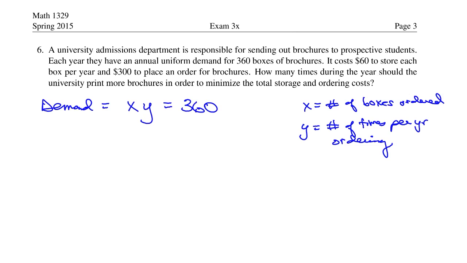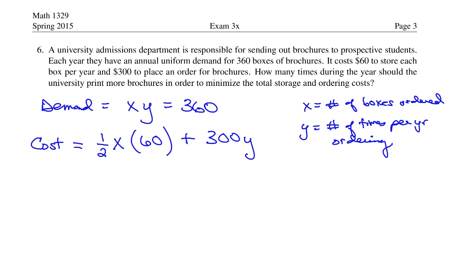All right, so now the cost is equal to the storage cost, and on average you have half the number of boxes you ordered on hand, and you have to store those, so that's $60 per box, and then it costs $300 to set up the printing for the ordering for the brochures, so it's 300y.